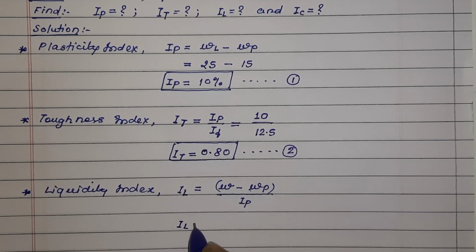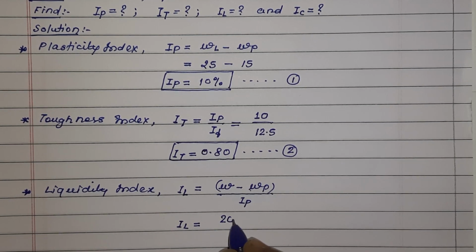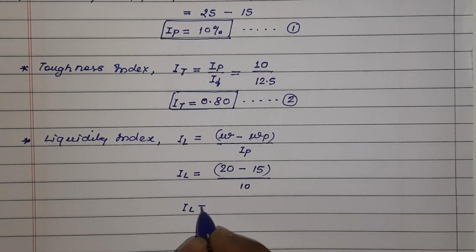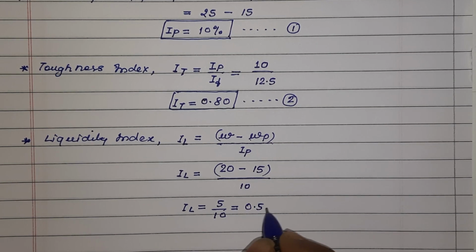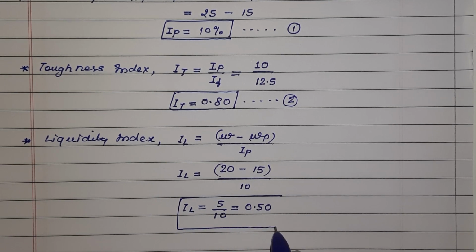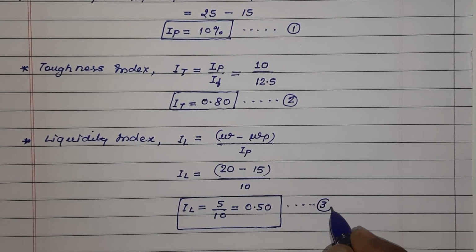Thus IL equals 20 minus 15 divided by IP, that is 10. IL equals 5 divided by 10, that is 0.50. This is answer number 3.